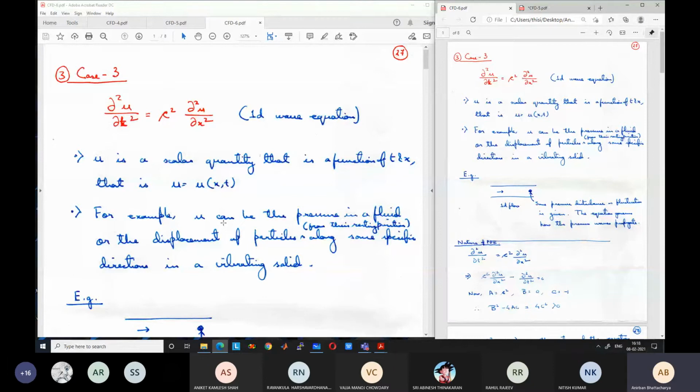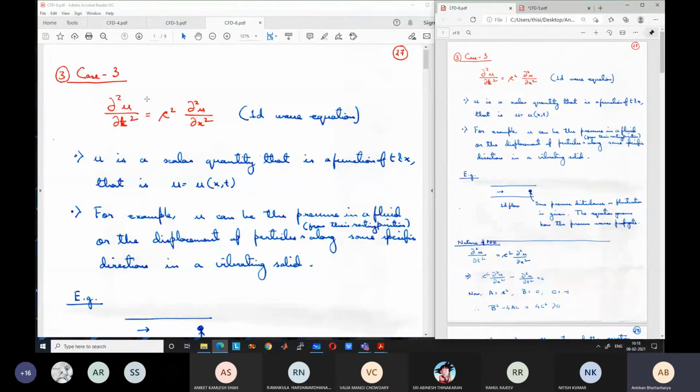So this u can be the pressure of the fluid. The pressure will fluctuate because I have pushed it at one end. The pressure will fluctuate along the fluid contained in the pipe. This pressure will travel at a certain speed of sound, and the fluctuation is captured through del square u by del t square equal to c square del square u by del x square.